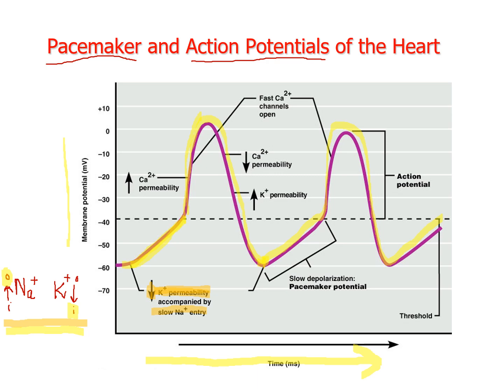There is some opening of sodium channels, and you get slow entry of sodium in, so the voltage, the membrane potential or internal intracellular voltage is slowly moving, and slow is relative, this is milliseconds, slowly moving towards the more positive because of that slow entry of sodium in.